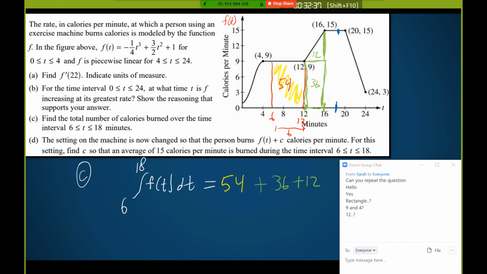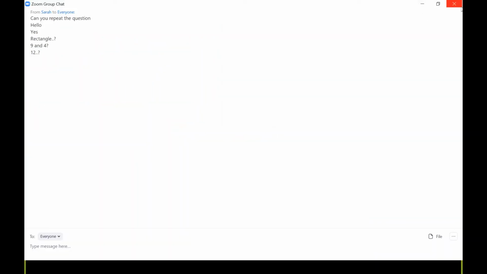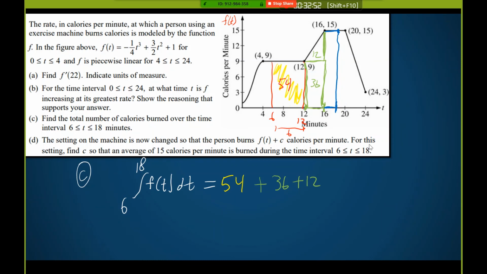We can use a rectangle. Okay, so here's my rectangle here in blue. What's the area of that rectangle? 15 by 2, so 30. Okay, 30.